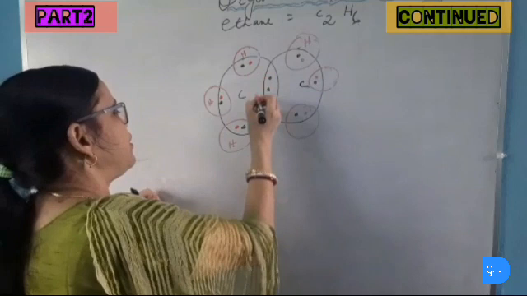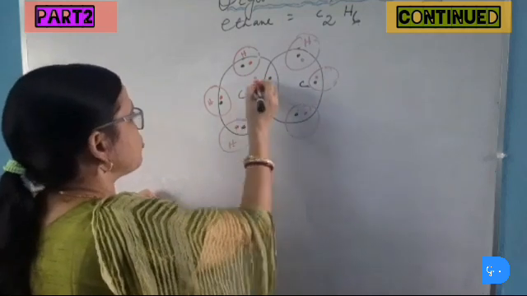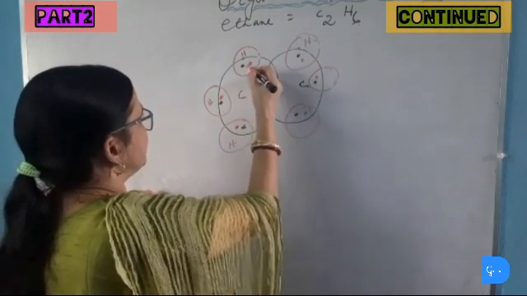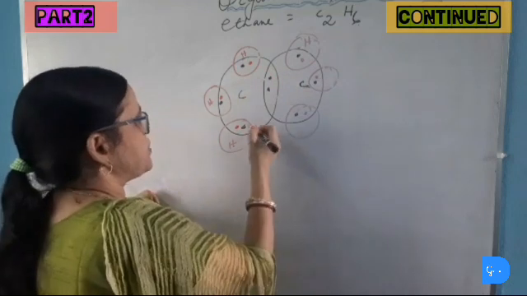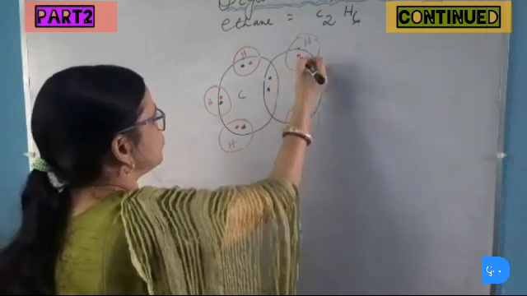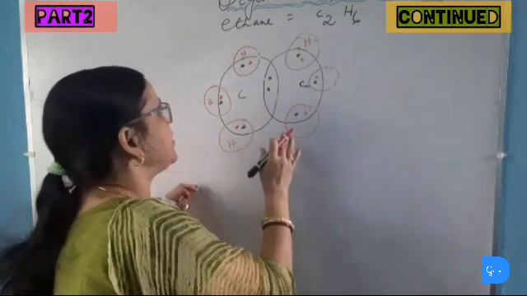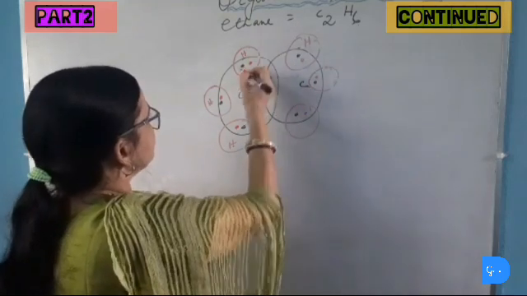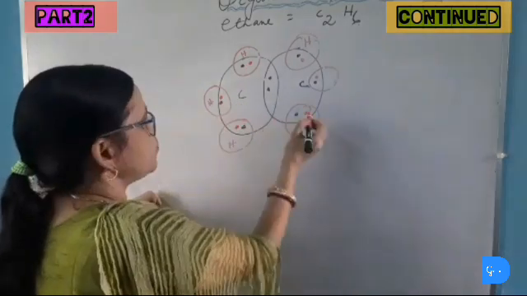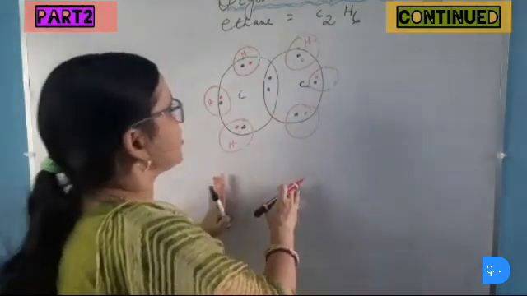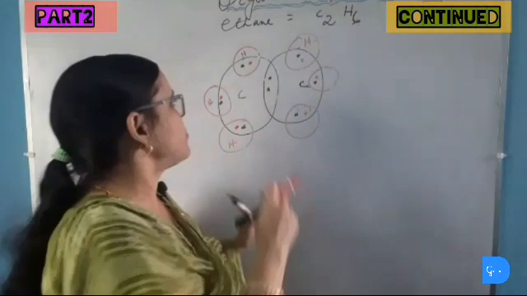Now see the number of electrons in each carbon atom: 1, 2, 3, 4, 5, 6, 7, 8. In this carbon atom also 1, 2, 3, 4, 5, 6, 7, 8. So it has completed its octet. And the number of electrons in each hydrogen is also 2. So by sharing of electrons these types of compounds are formed.